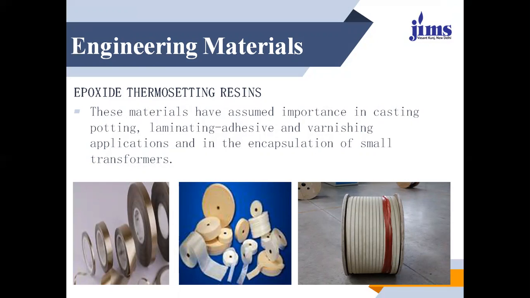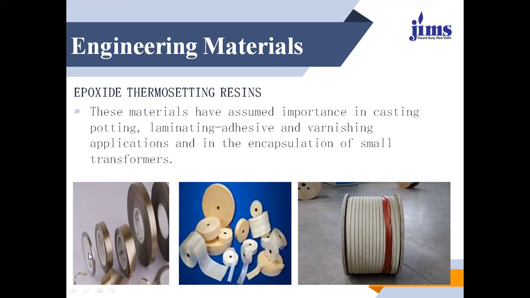Now the next material is the epoxide thermosetting resins. These materials have assumed importance in casting, potting, laminating, adhesive, and varnishing applications, and in the encapsulation of small transformers. Here you can see the structure of the transformer after providing the insulation over the winding, and now it looks like this.